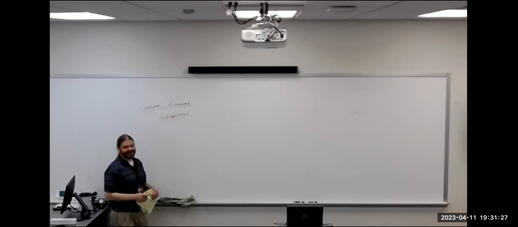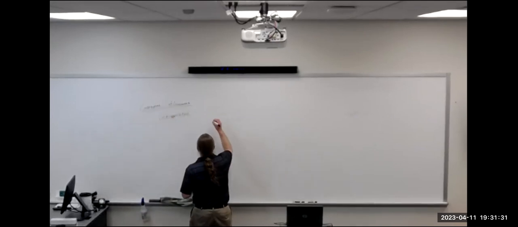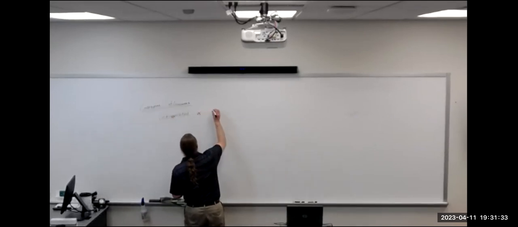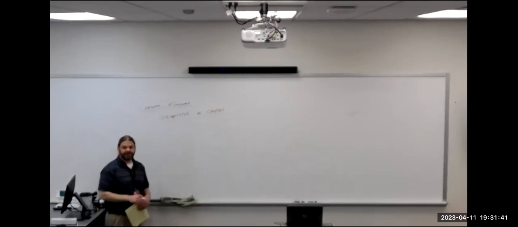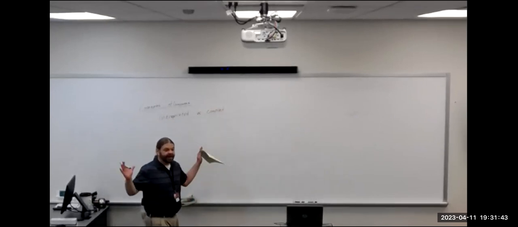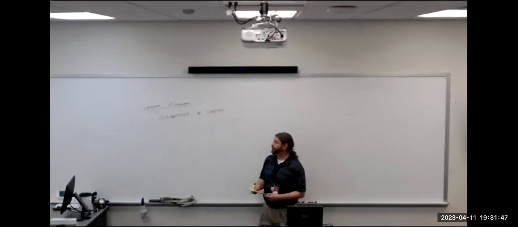Never mind, I spelled it slowly and still spelled it incorrectly. So languages are either interpreted or compiled. Notice it's a one or the other situation. We're on binary state machines, so all of these categories are going to be one or the other thing.